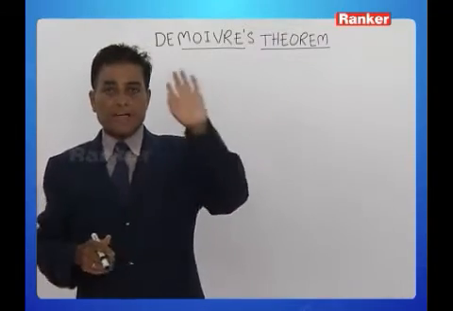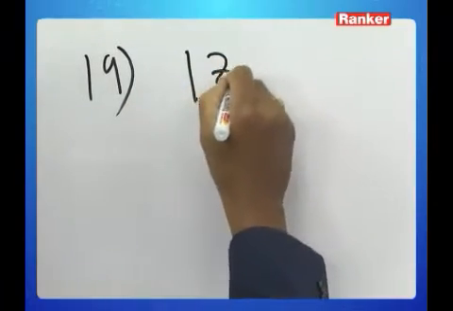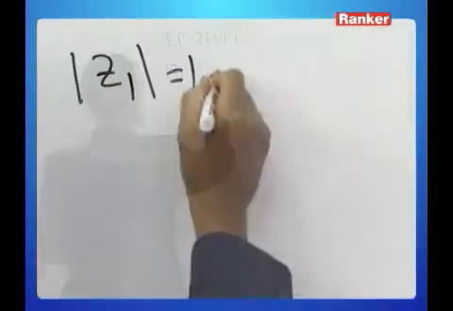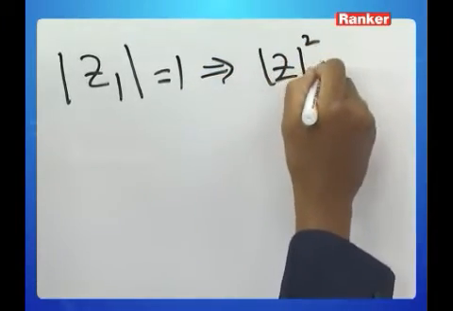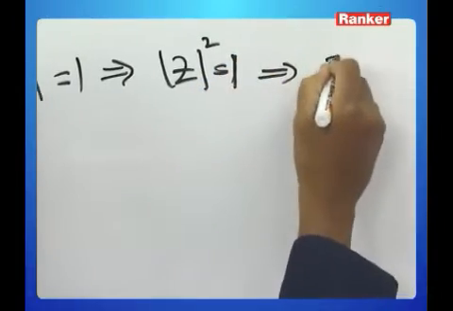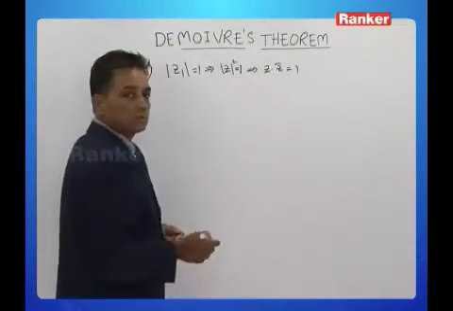Question number 19. Mod Z1 is 1, right? Mod Z square is also 1 because 1 square. Z into Z bar is 1.